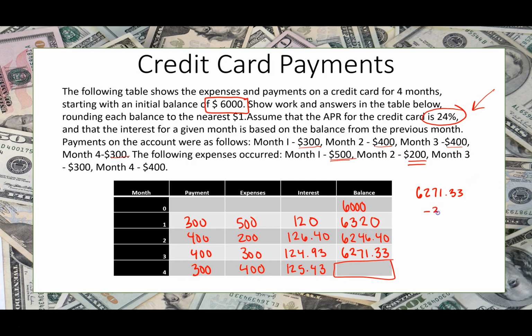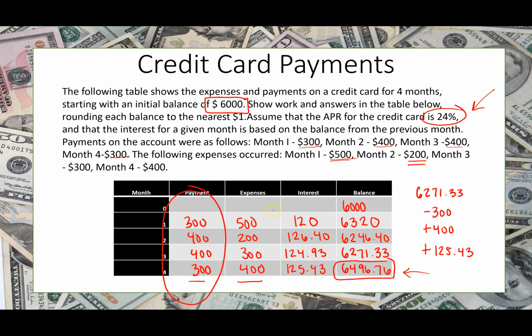I'm going to subtract my $300 payment right here. I'm going to add my $400 expense that I'm using my credit card to buy something with. And then I have to add my $125.43 that I'm paying in interest. And I get $6,496.